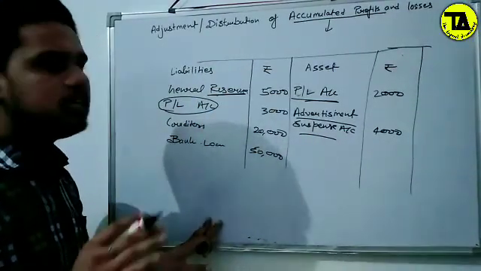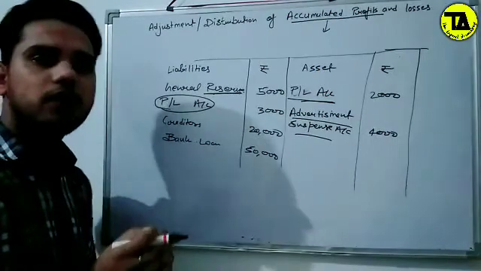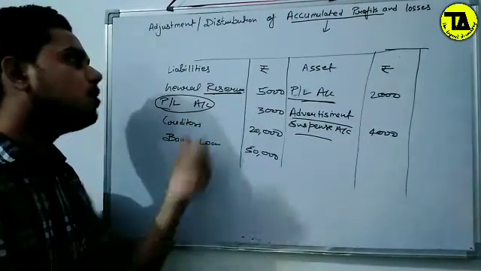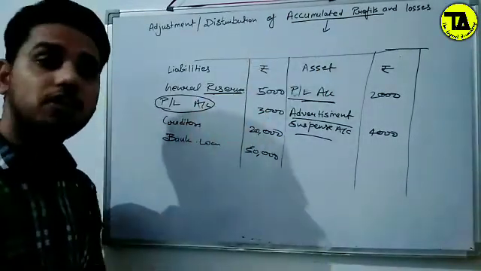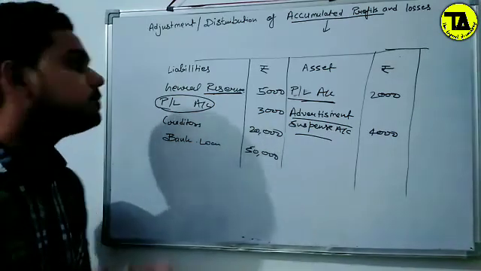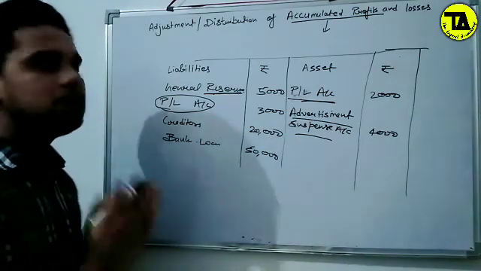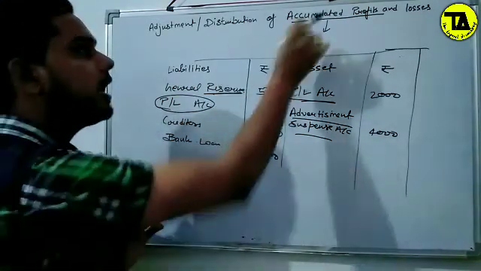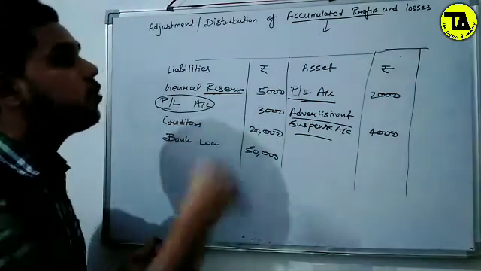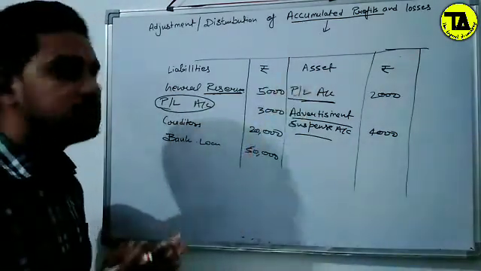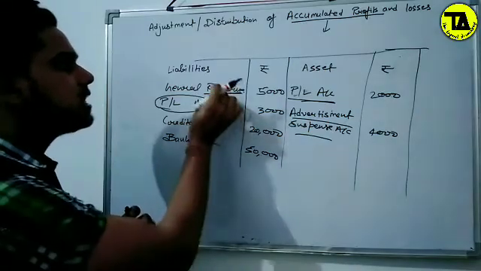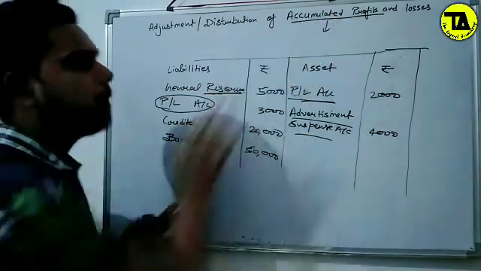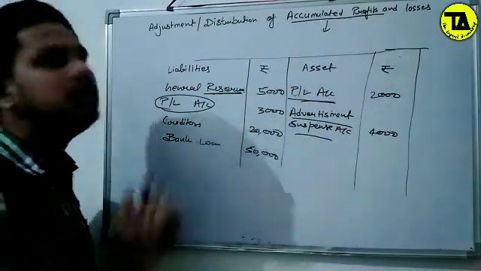But it doesn't matter whether we treat reserve as reserve or we count reserve in accumulated profit, treatment will be same. So I hope concept is clear to you regarding what accumulated profit means and what accumulated loss means. Let's try to understand reserve also, which is a part of accumulated profit in detail.